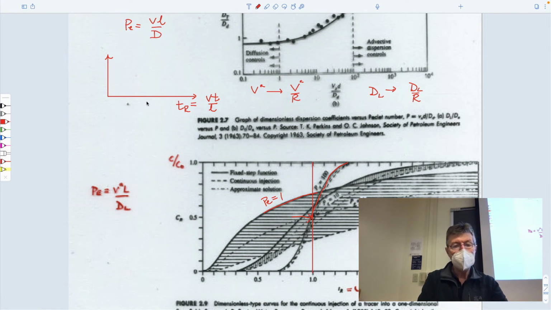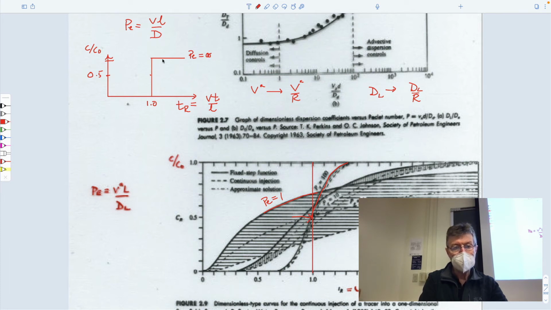And we knew that for a value here of 1.0, this is C over C0. This is 50% here. Then I guess this is what our curve looks like for Peclet number equal to infinity.